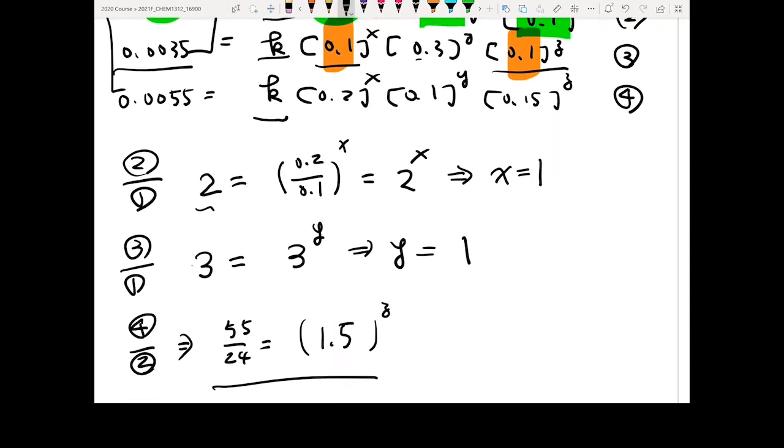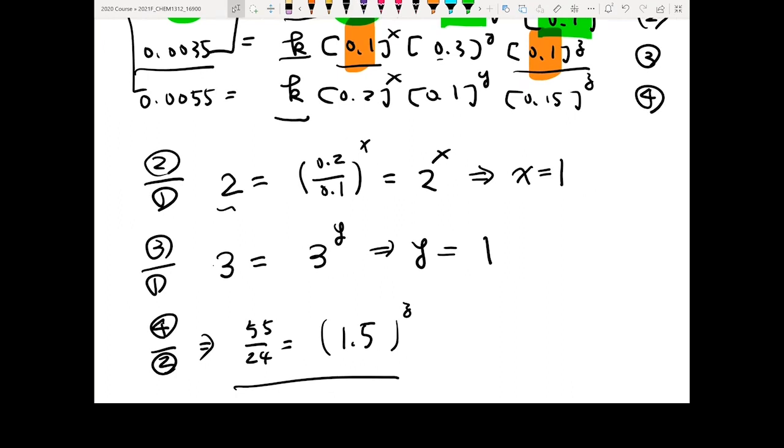Okay, so this is actually a part where most students are going to make a mistake, because they don't know how to operate the calculator to get the z. So if you do these calculations, the 55 over 24 will give you a number of around 2.3. So you can get to this point without any problem using your calculator. But to solve for z, what you need to do is take log on both sides.